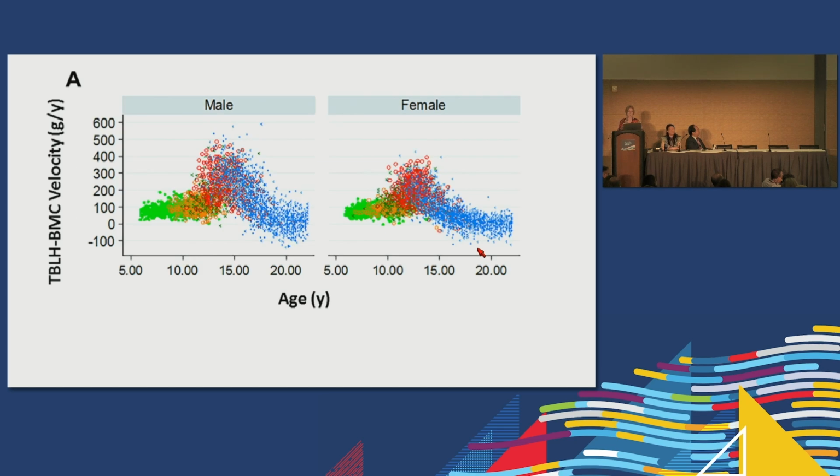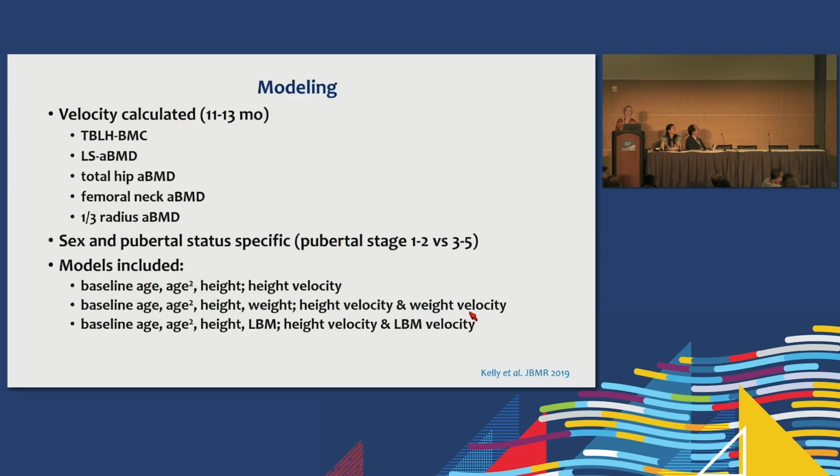So this is complicated. So this is what it looks like, and I wanted to try and develop prediction reference data for this. I did this during a sabbatical, not on my non-clinic time. Okay, so velocity was calculated over 11 to 13 months. Anyone who's a pediatric endocrinologist knows we're not supposed to do height velocity, say over 18 months or something. It doesn't work well.